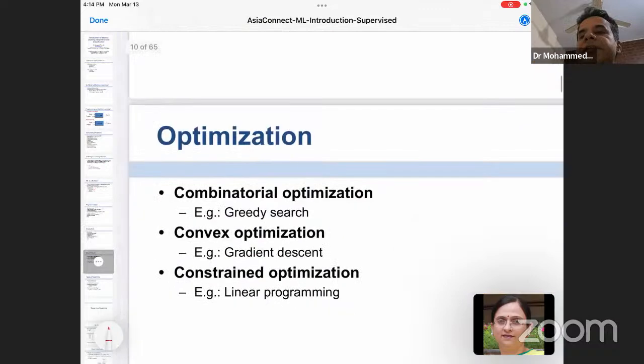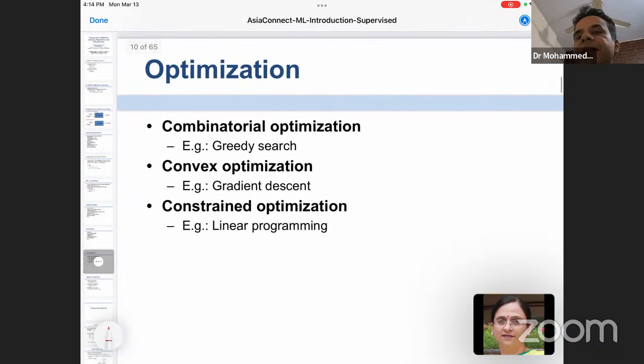Then the third, which is more technical, is optimization. Nowadays you may not need to worry about optimization that much, but you need to know the basics. When you try to find a solution, you have to have some optimization algorithm. Today, luckily, we'll see two: gradient descent and linear programming.